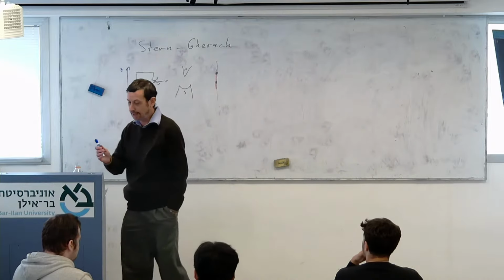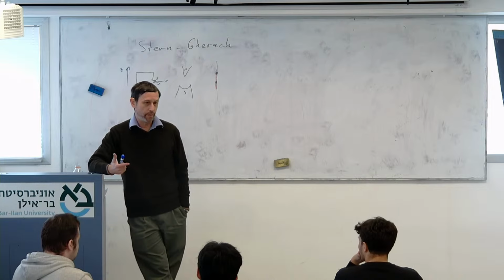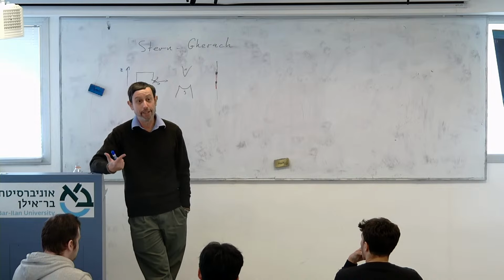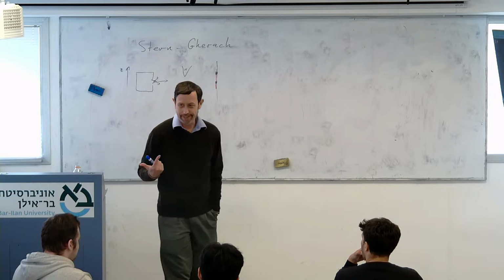One reason is, as we think about the electron nowadays, it's a point particle. A point particle can't spin. It's meaningless.